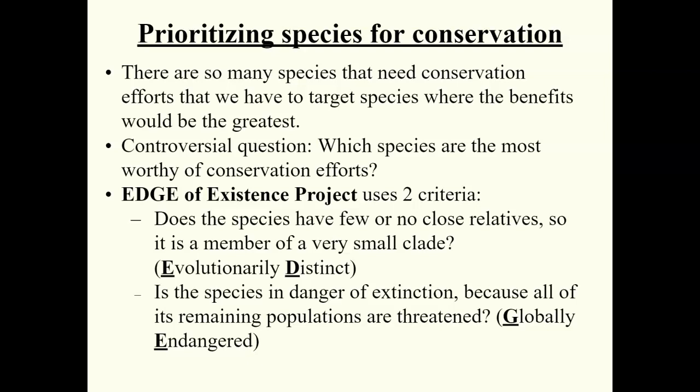And this means, are they evolutionarily distinct? And that is what the ED in EDGE stands for. Are they evolutionarily distinct? There's no one left like them in their clade, or not very many species evolutionarily similar to them. That makes them important. The second thing that they look at is, are they globally endangered? And so that's the GE of EDGE, evolutionarily distinct and globally endangered. So this means, is the overall species in danger of extinction because all of its remaining populations are threatened?